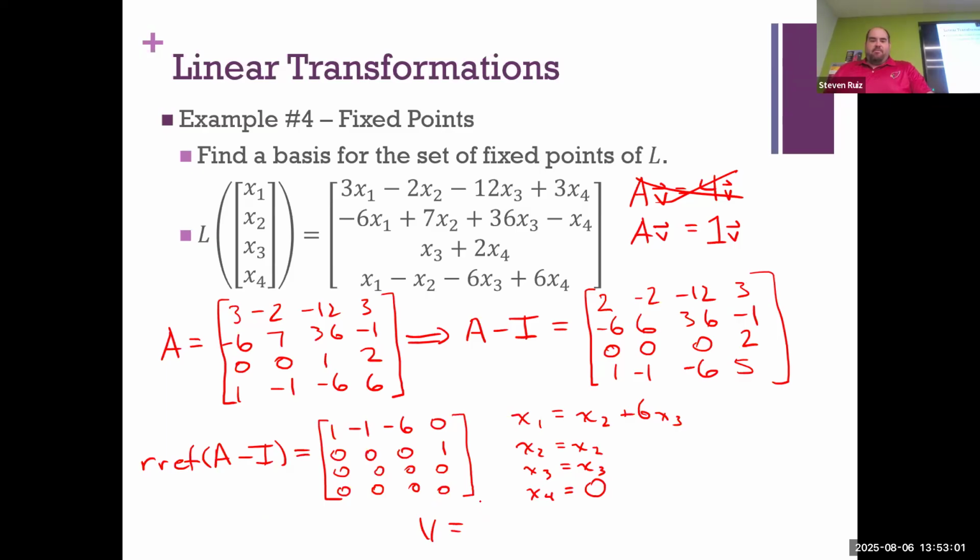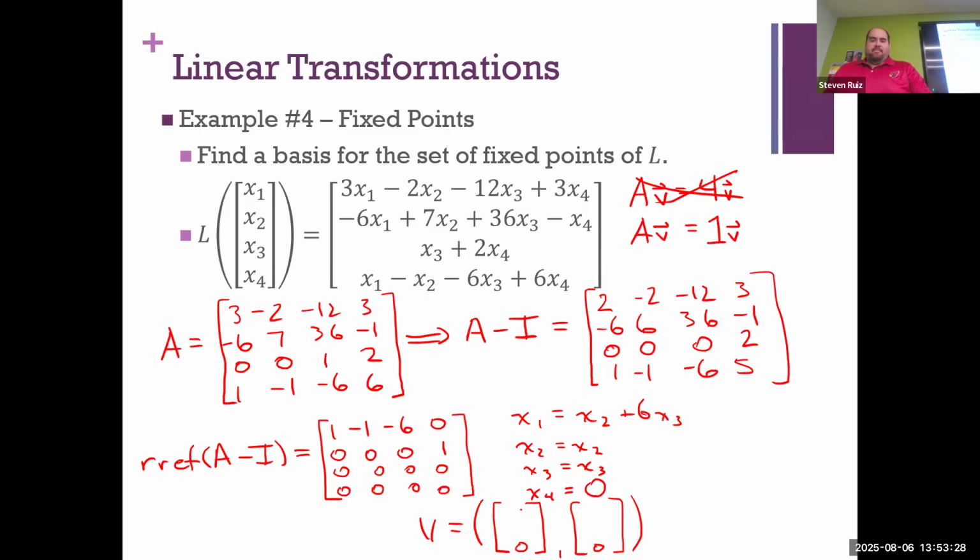How come? 2 parameters. I've already said that the 4th component will be 0. What do the rest of the vectors look like?